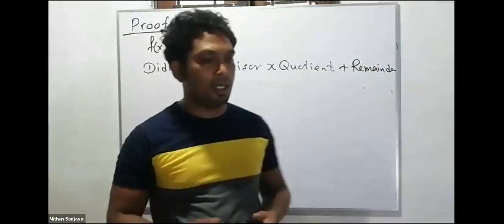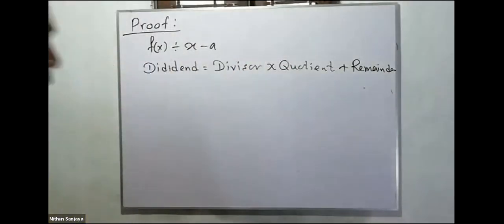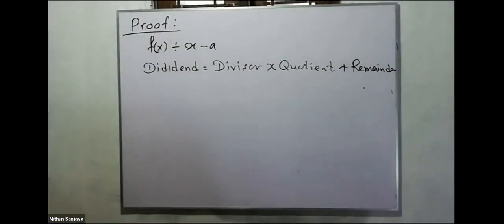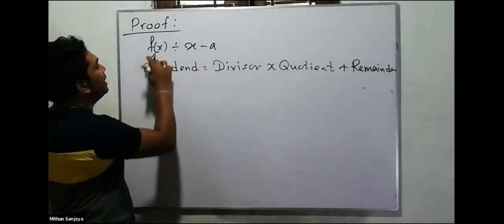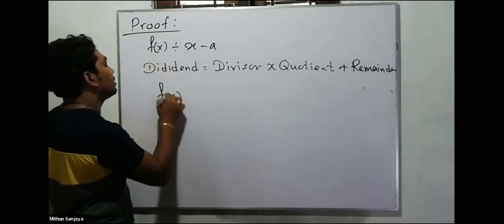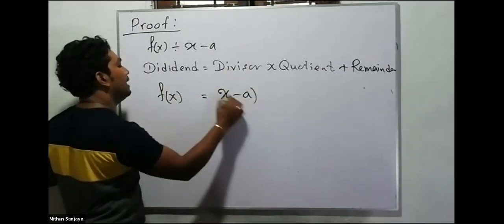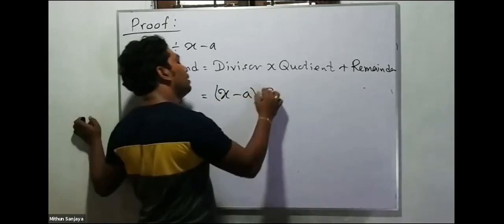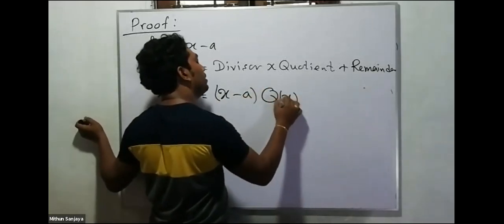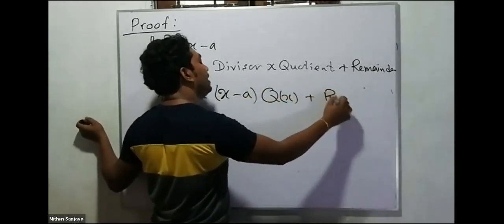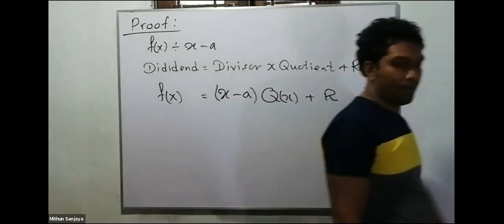We talked about this in the first lesson. Now the dividend is f(x), the divisor is x minus a, the quotient is q(x), plus the remainder, which we take as r.